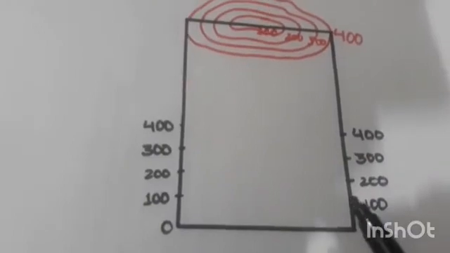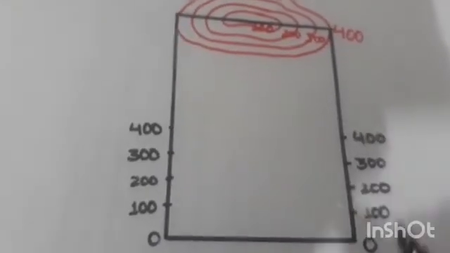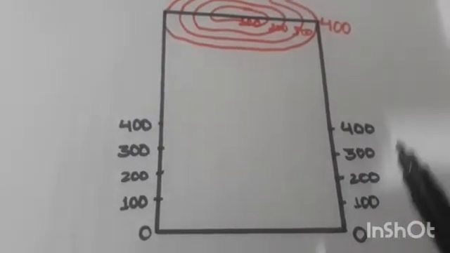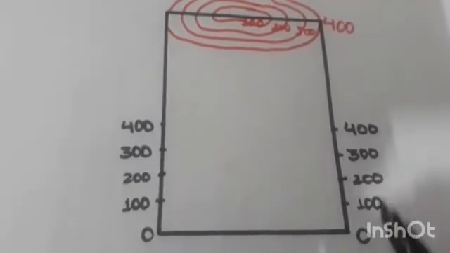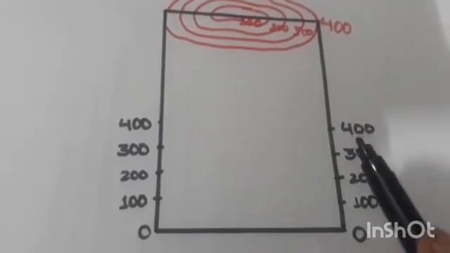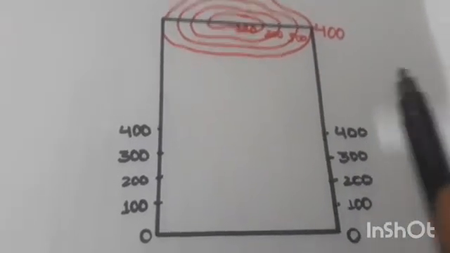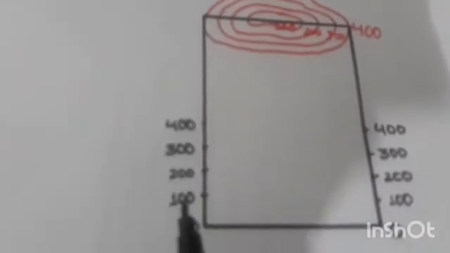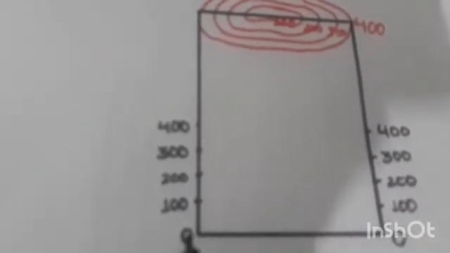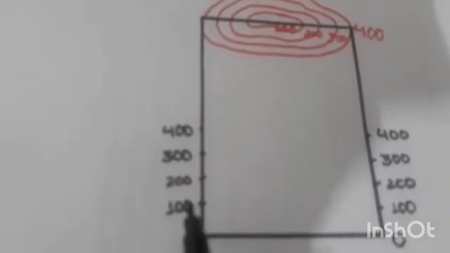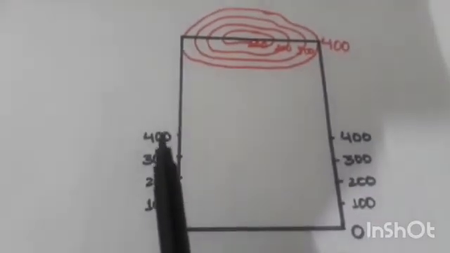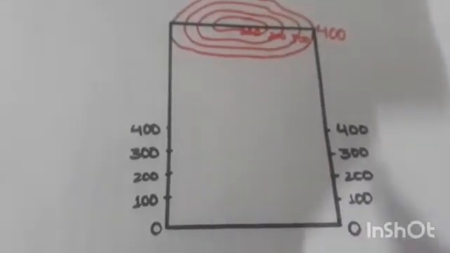The scale should always be in ascending order on the upper side: the base is 0, 100, 200, 300, 400. Likewise here also in this vertical line, 0, then 100, 200, 300 and 400, right?